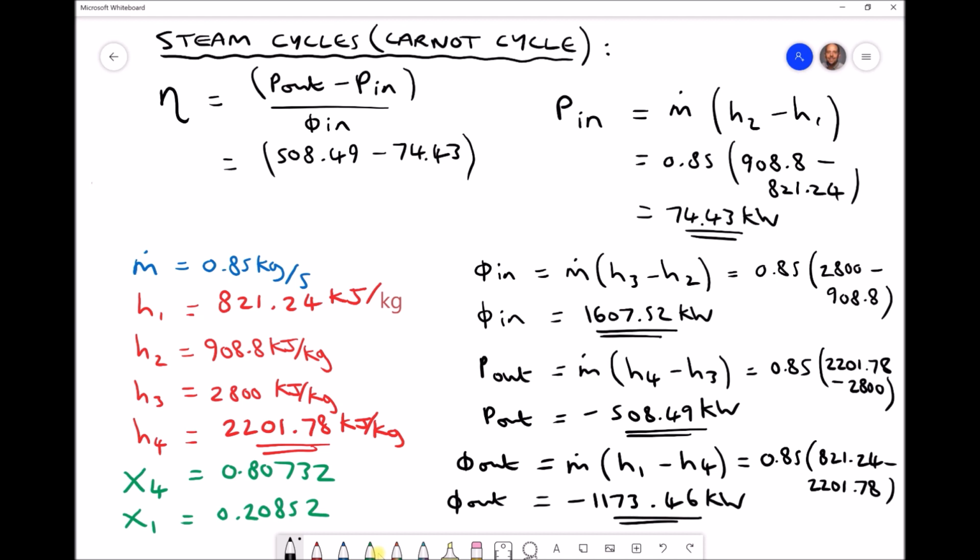And we're dividing that by the heat input, which was 1607.52. Just before we finish that calculation, it is worth noting that 508.49 minus 74.43 gives us a net power output of 434.06. So the top of the fraction here for the net power output is 434.06.